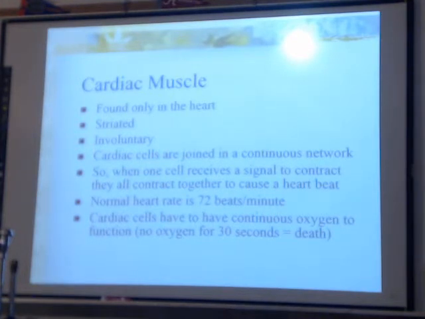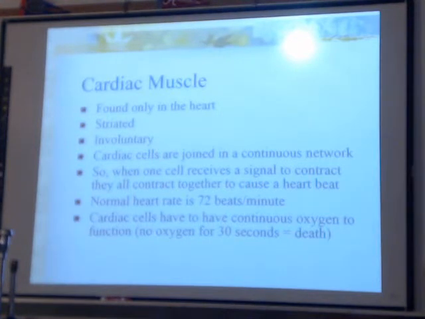So cardiac muscle is only in the heart. It is striated for strength. It's involuntary. The cells are joined by a continuous network. When one of the cells in an area receives an impulse from the nervous system to contract, they all contract. Same thing for it to relax. When they get that signal to relax, they all relax.